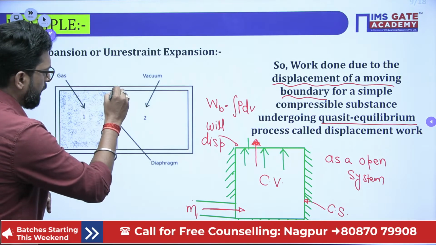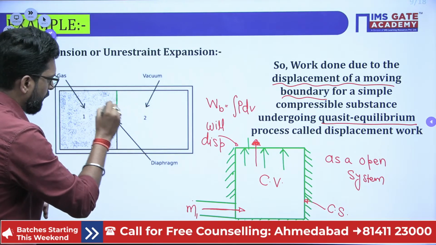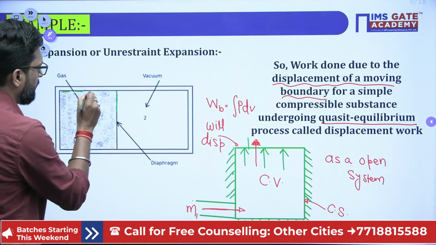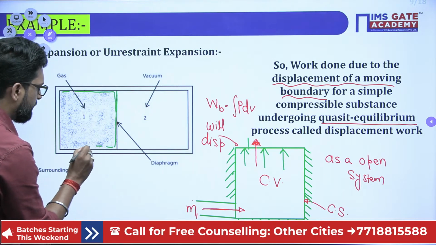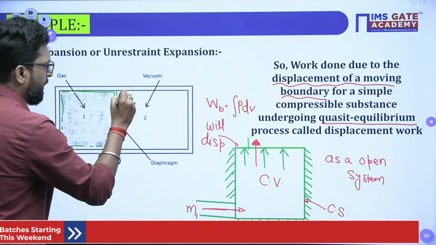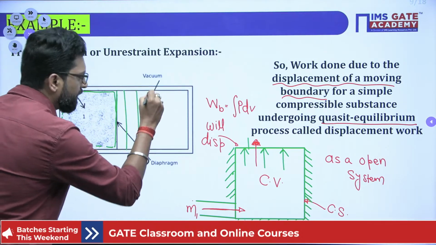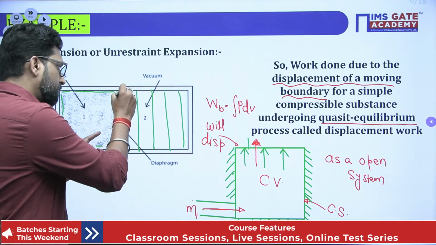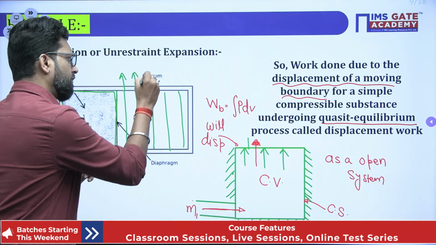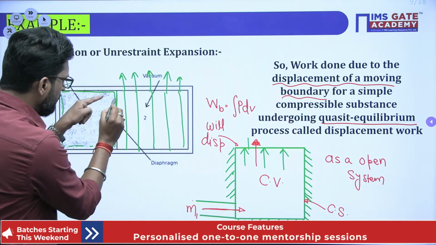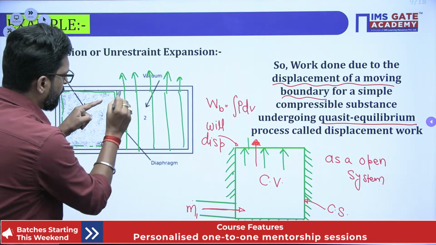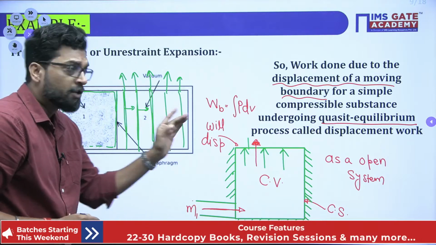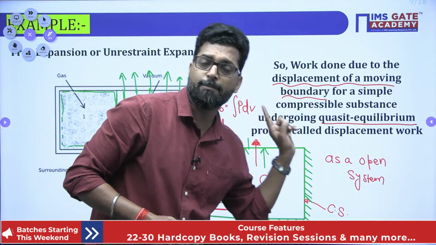If we take this as our boundary and we make different partitions, and remove the partitions one by one, the boundary will be displaced, but there is no work transfer.